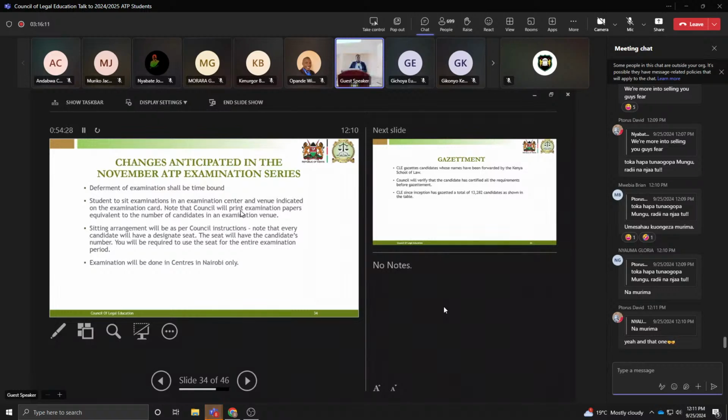Now, this time you have to be very keen on looking at your examination card. It will have a QR code and it will have your photo, and that QR code also will be scanned because it will be connected to your examination booklet. So ensure that you look at the venue that will be indicated in your examination card.